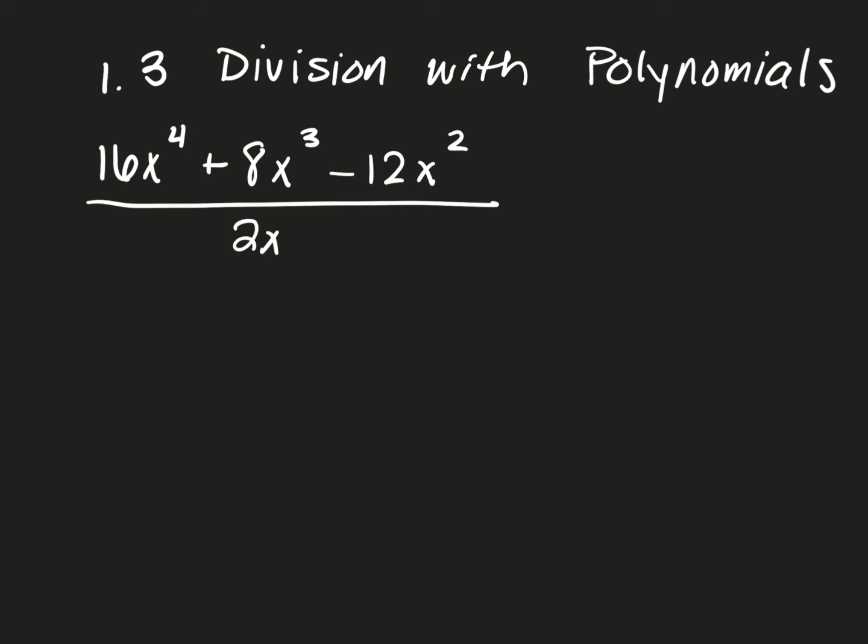Basically we're just using our exponent rules. What we're going to do is divide each of these terms by that 2x. You don't necessarily have to write this step. I'm going to write it just so I can show you guys what we mean. That means we're dividing each of these things by 2x.